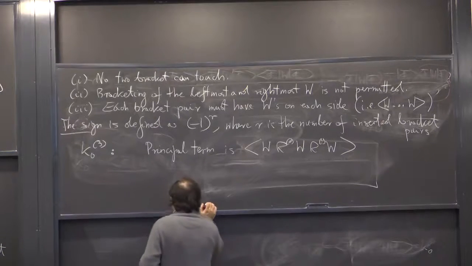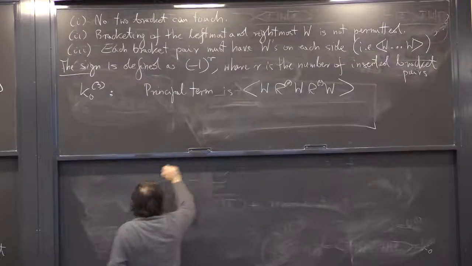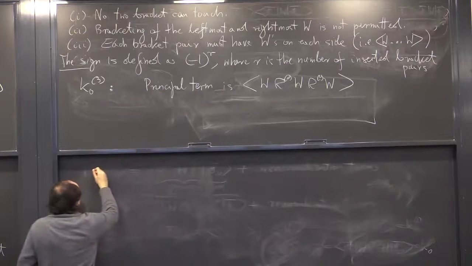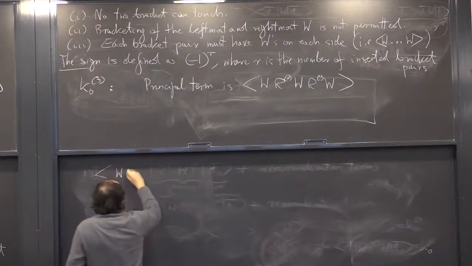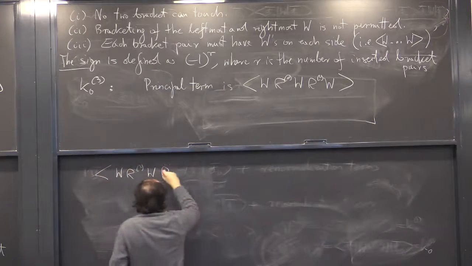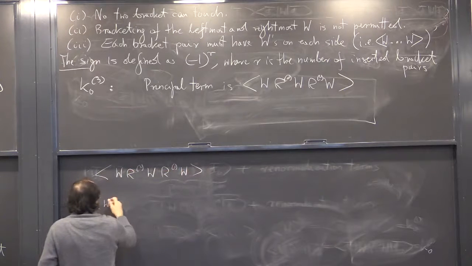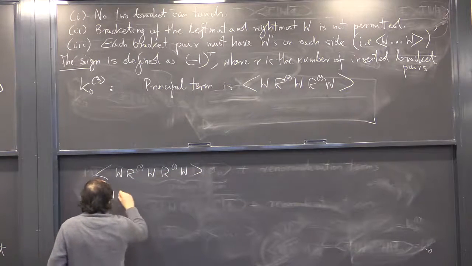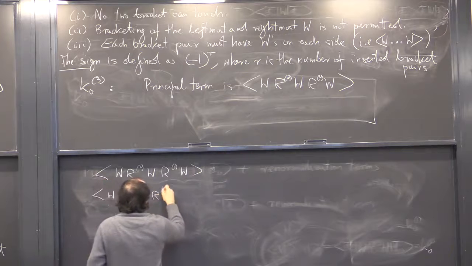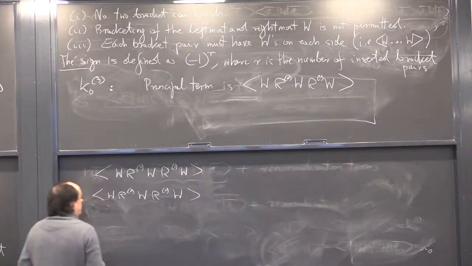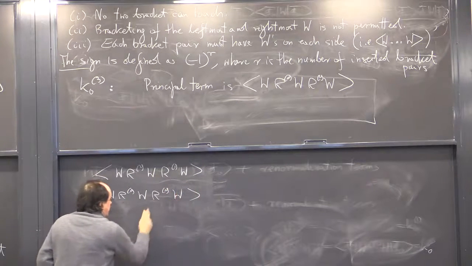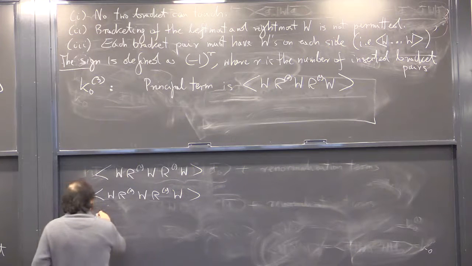Let me start writing at this blackboard, so that we have all of this on one blackboard. I'm going to write 5 copies right away of this expression. We have 3 W's mixed up with 2 R0s.